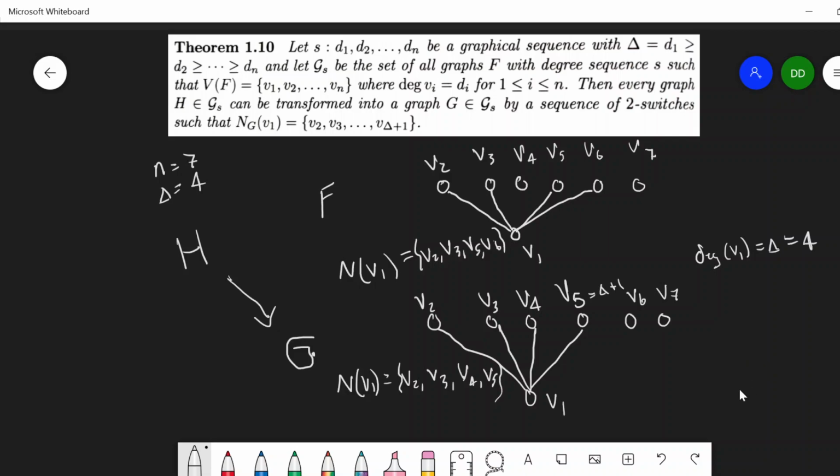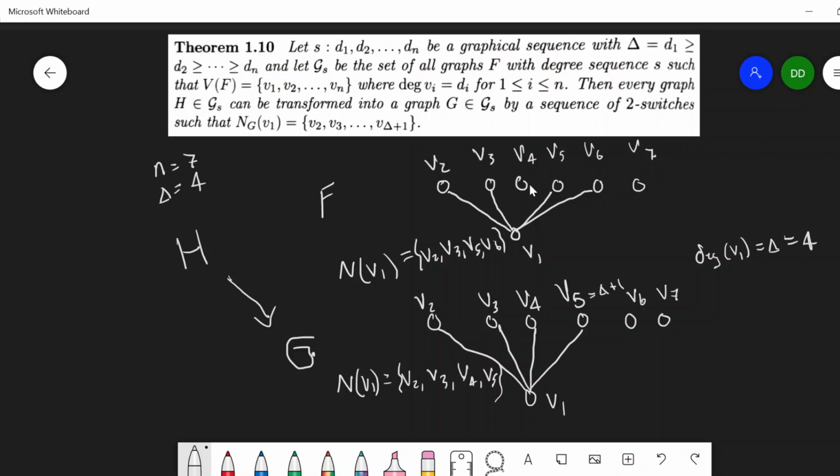How does this work? Well, if we're in a situation like this one depicted here, the idea is I'm going to find that V4 is adjacent to some other vertex that's not V1 or V5. So it's adjacent to one of these.